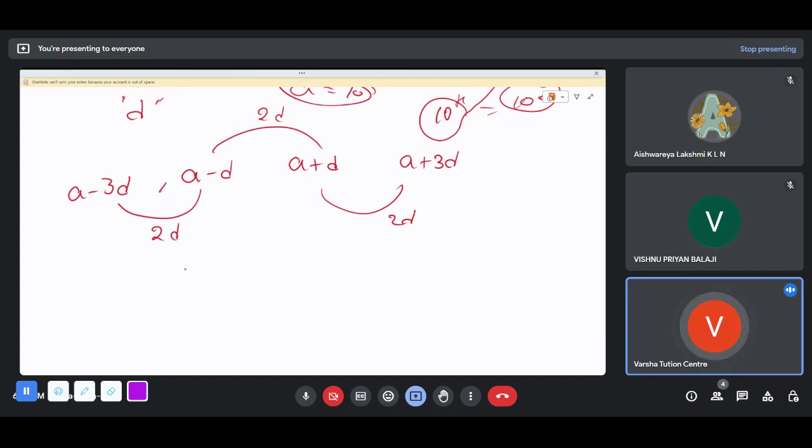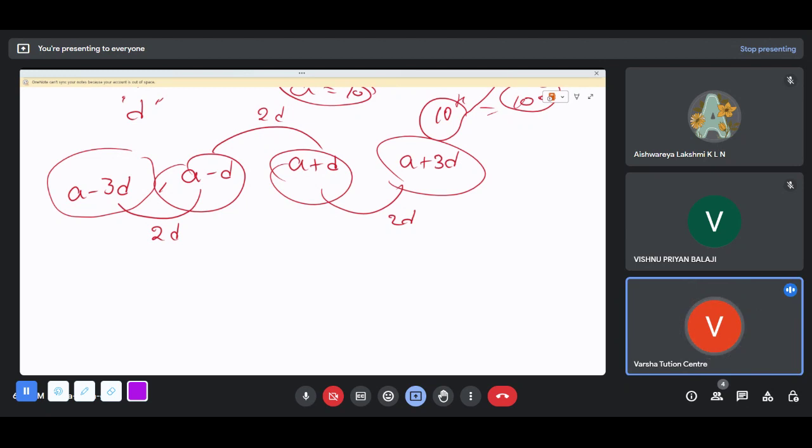Is this AP or not? Yes. Correct, right? Why choose this? This will help you to cancel out the D and get the value of A at first. So when I say four terms, you have to choose A minus 3D, A minus D, A plus D, A plus 3D.